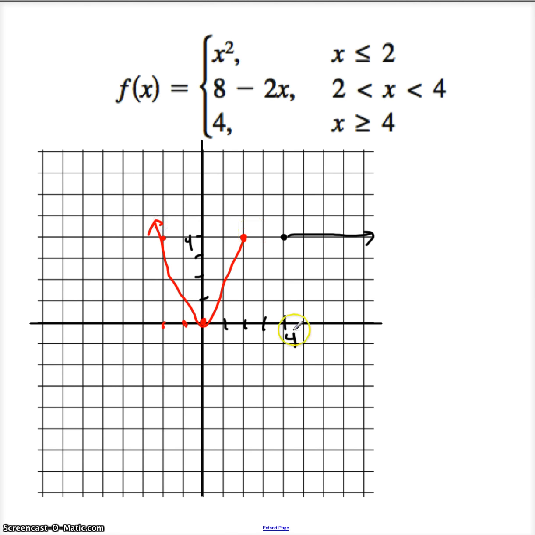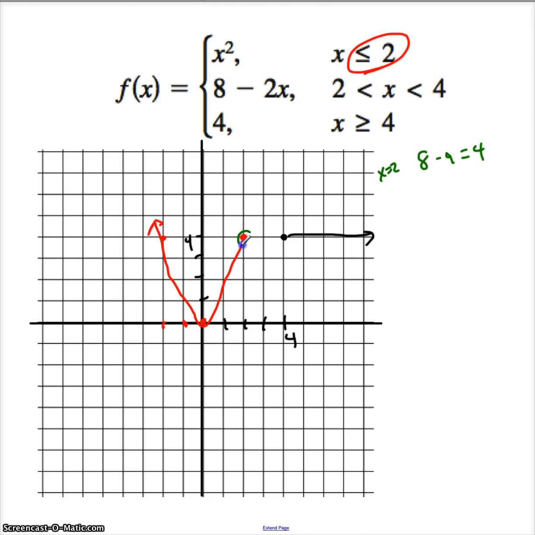All right. Now, do we see we connected this endpoint, and then we had this endpoint. So this curve right here will have an open circle to show that those 2 points aren't part of this part of the curve. Now, let me switch pen colors again. At x equal 2, I have 8 minus 4, which is 4. So I'm going to come up here at 2.